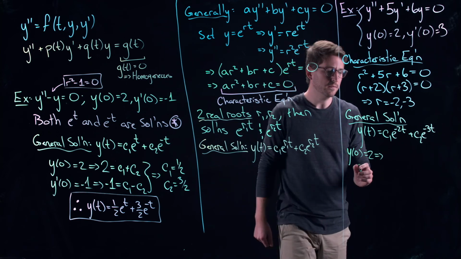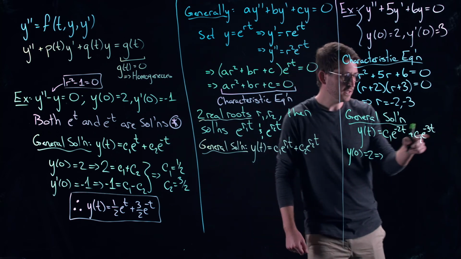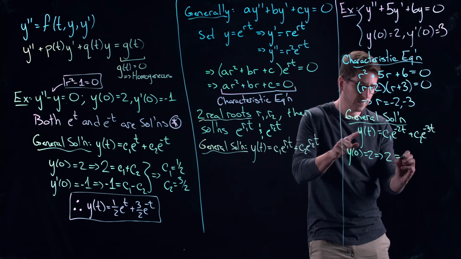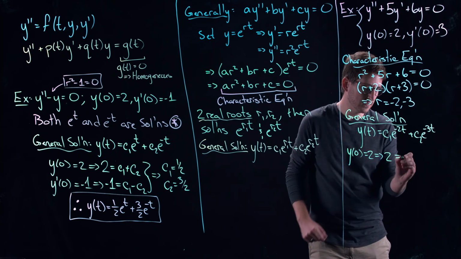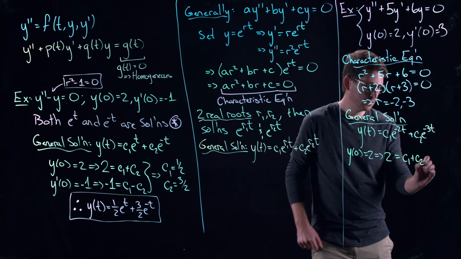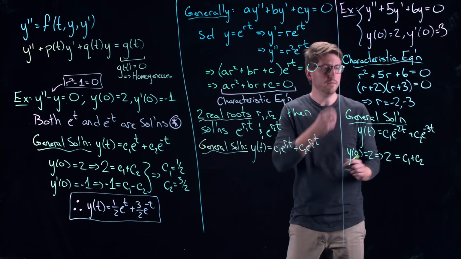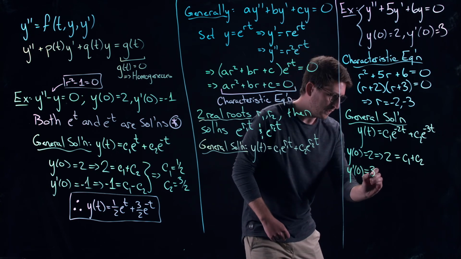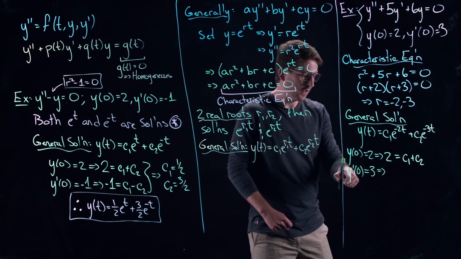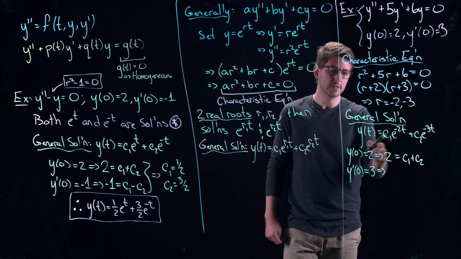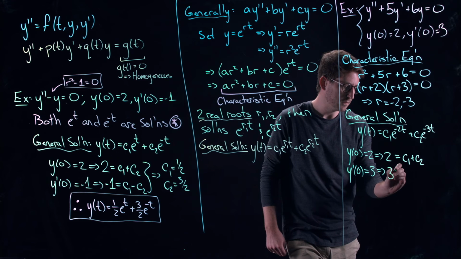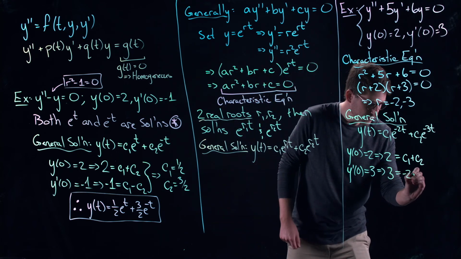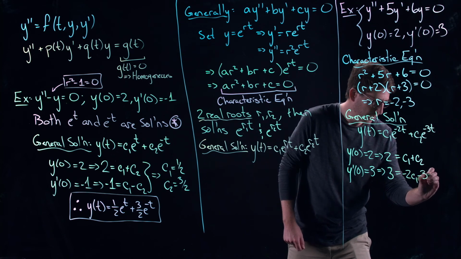Well, putting t equal to 0 into this, the left-hand side becomes 2, and the right-hand side becomes c1 plus c2. Similarly, for y prime of 0 equal to 3, taking the derivative of this and evaluating at 0, the left-hand side becomes 3. The right-hand side is going to be minus 2c1 minus 3c2.